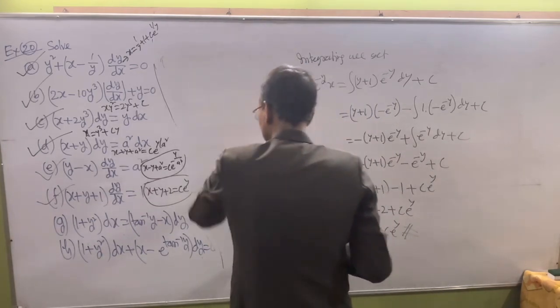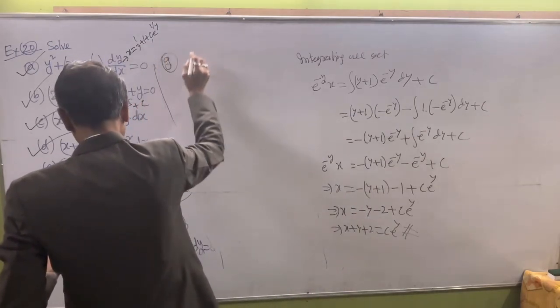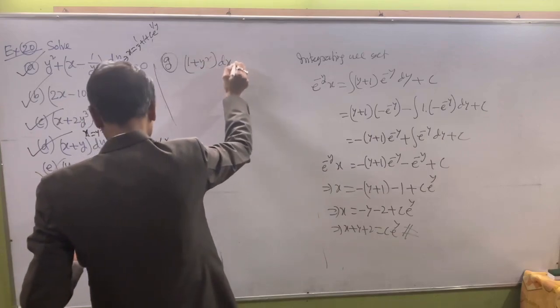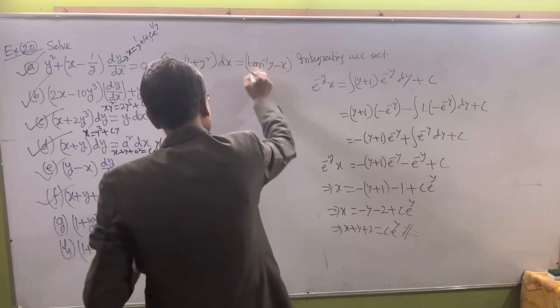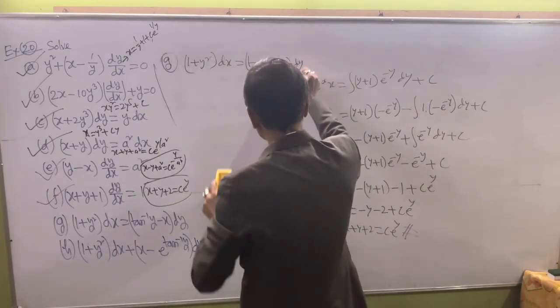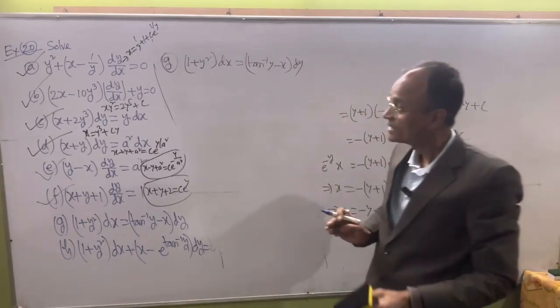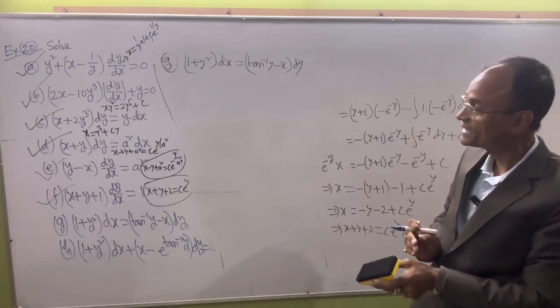Question number 7 means (1 plus y square) dx equal to (tan inverse y minus x) dy.